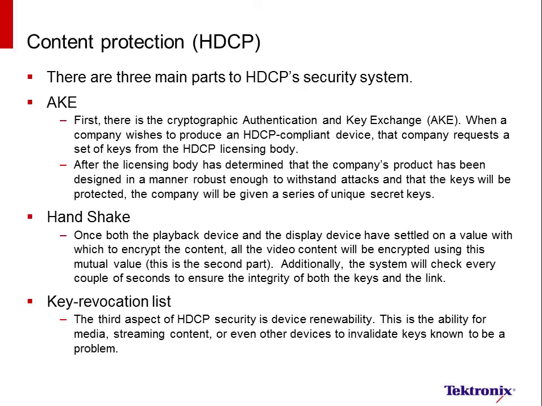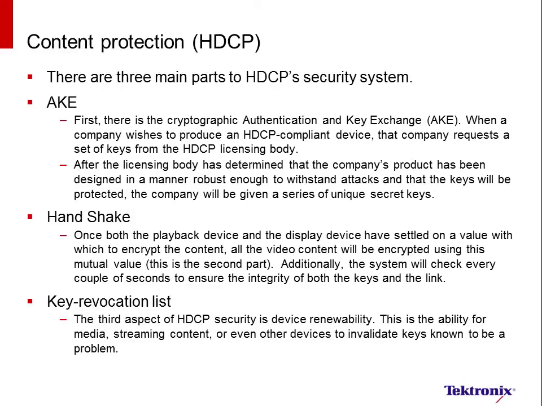HDMI with content protection, or HDCP. There are three main parts to HDCP within HDMI. The AKE, which is an authentication key exchange, happens between the transmitter and the receiver.